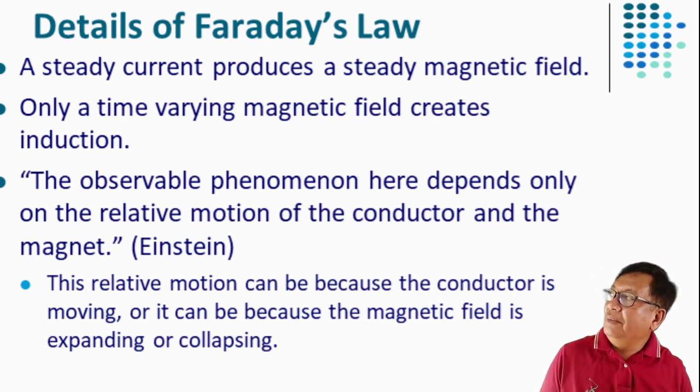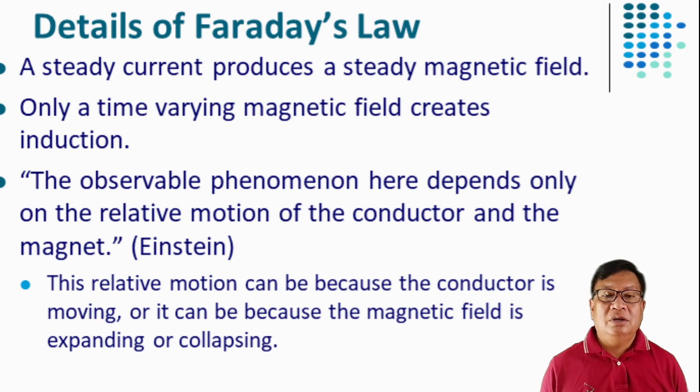So ito po yung sabi ni Einstein. Okay. So ibig sabihin, if there is the relative motion between the conductor and the magnet, there is what we call as this observable phenomenon, which is the induction of the voltage. This relative motion can be because the conductor is moving.